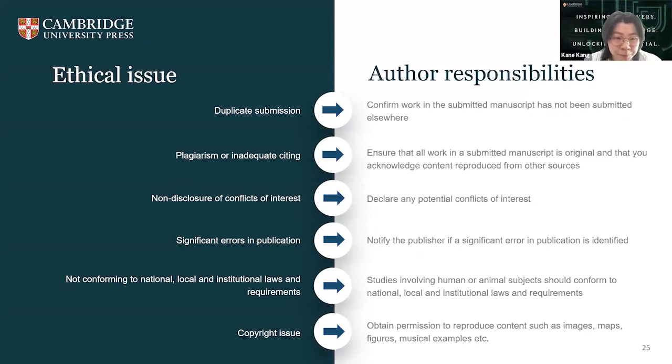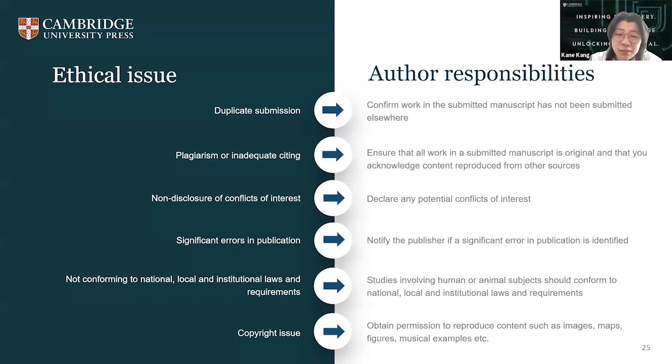And number 4, significant error in publication. Authors have a responsibility to notify the publisher if a significant error in publication is identified. So that's the author's responsibility. And number 5, not conforming to national, local, or institutional laws and requirements.